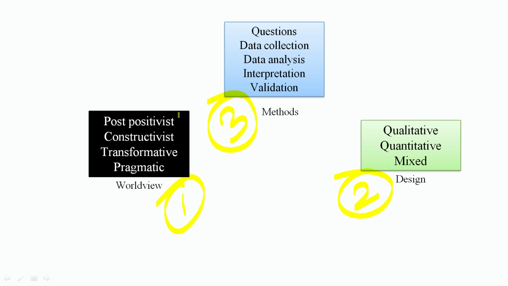And number 2, we have seen the design, in which we added a new one, that is mixed method here. Here the methods include questions, that is qualitative, then quantitative as well, collecting the data, finally interpretation and validation. So, this works in connection and finally we come to the result. Let me explain this in the next slide properly.